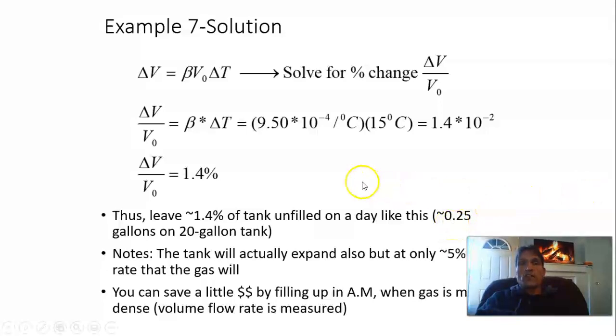So you get almost a 1.5% increase in the volume that your gas in the tank occupies over the course of the day. Here you can dazzle your friends at the bar with your physics knowledge by telling them to only fill it up to 98.6% of the capacity in the morning, because it's going to expand a little bit anyway.